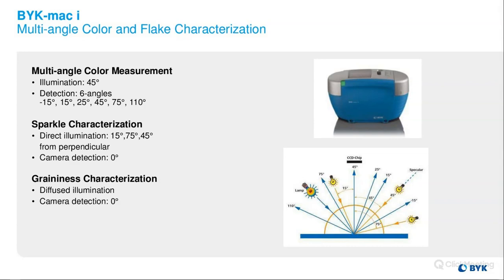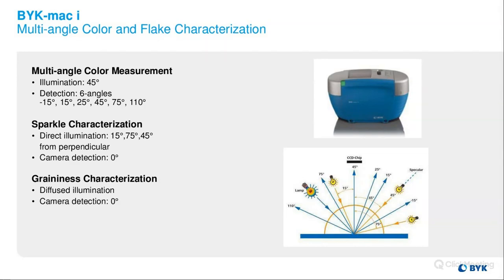And it's important to know those angles because sparkle at 75 degrees will show issues in your process with the way the sparkle is laying on that coating. And so if you detect an issue with different sparkle numbers at 75 degrees, you're going to know that you need to change your process because something's going on in the process that's causing this to be different from the other samples.